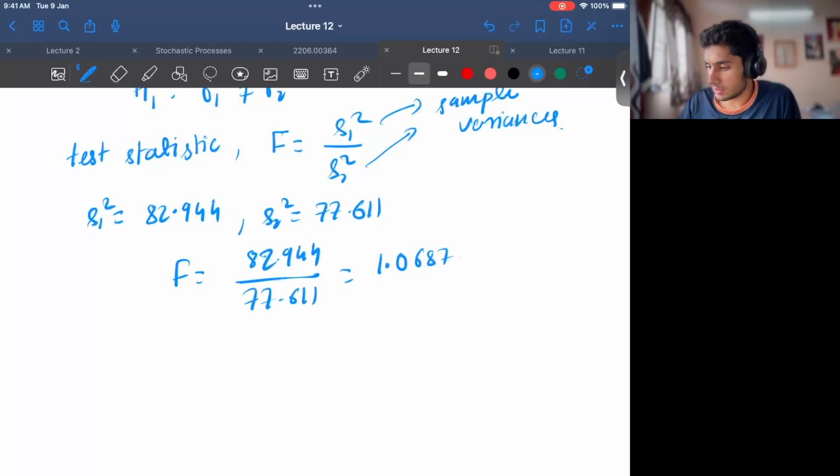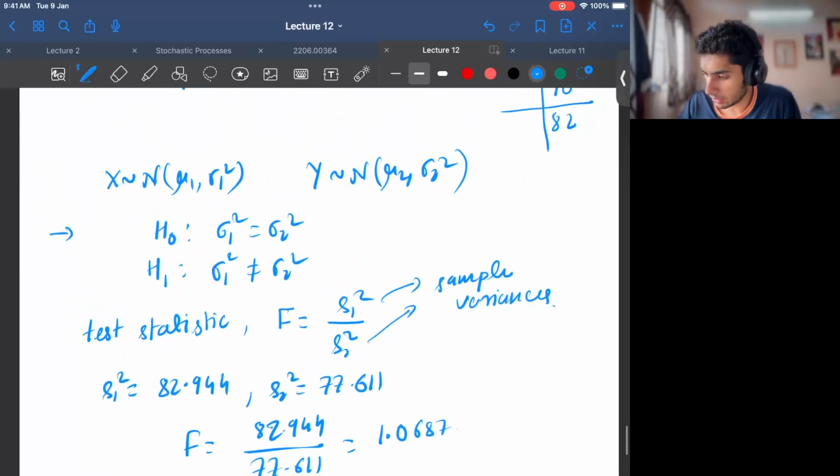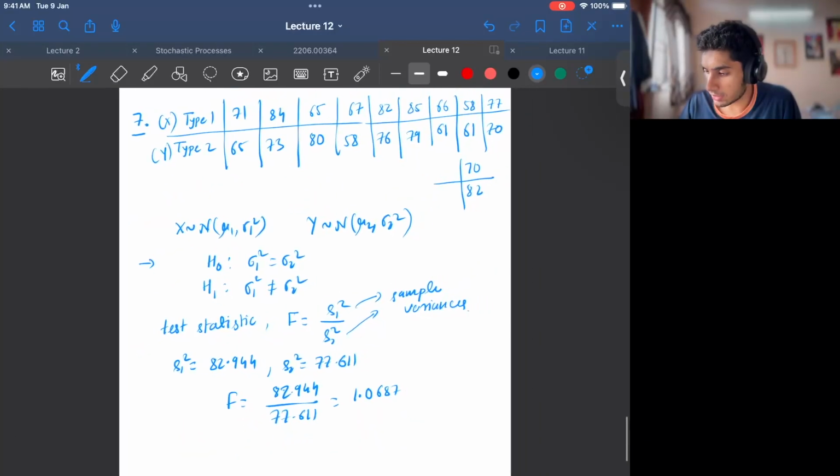So this was the last problem that I had. This was different in the sense that it was regarding comparison of variances. Till now we were solving problems where we had to compare the means.